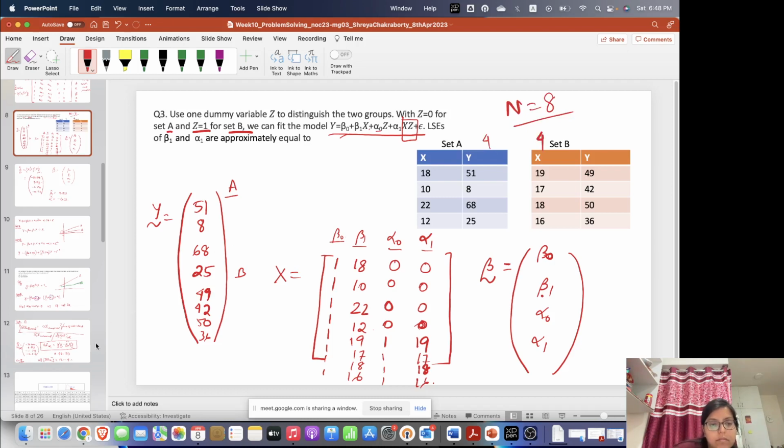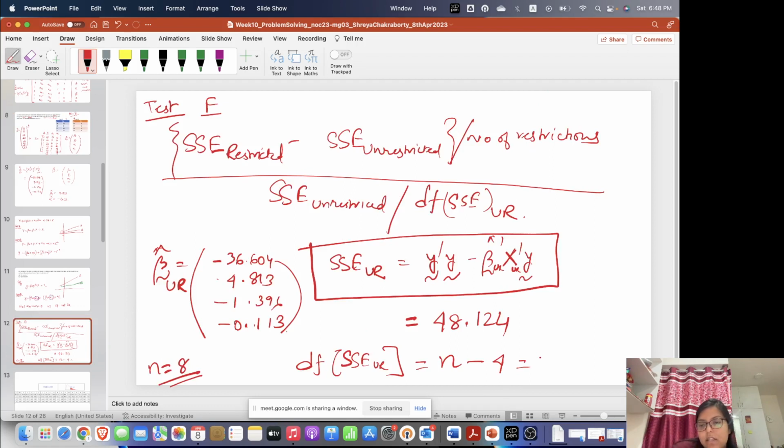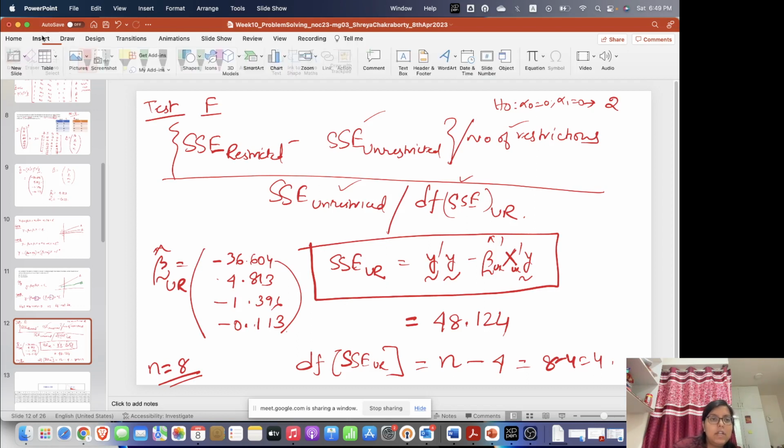So n minus 4, this df is 8 minus 4 equal to 4. And the number of restrictions, how many restrictions do we have? H naught is alpha naught equal to 0 and alpha 1 equal to 0. So we have 2 restrictions. So we have this figure, this figure, this figure, this figure. What is left? The thing that is left is the sum of squares error from the restricted model. So then we have to compute this thing from the restricted model.